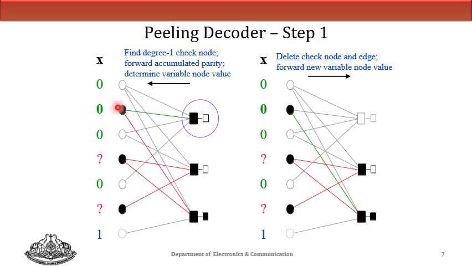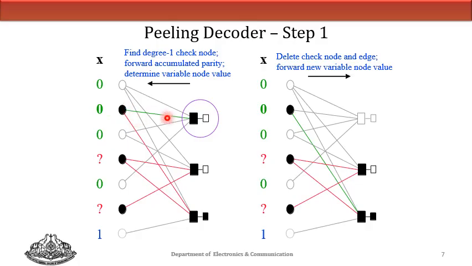This check node will transmit the value to the particular variable node. That is, find a degree 1 check node. We have found a degree 1 check node with one of its edges remaining with an erasure. Forward the accumulated parity, the sum of the values received from the other variable nodes, and determine the variable node value which has the erasure. So we found it to be 0.